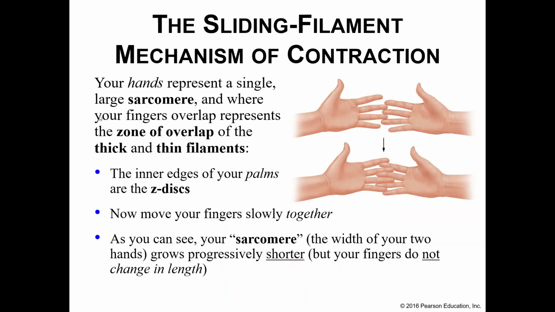Sliding filament model. All right, so if you take your hands, like this picture, if our wrists are the Z discs, and our fingers are the thin and thick filaments, if you slide your fingers past each other, that is representative of what happens during muscle contraction.